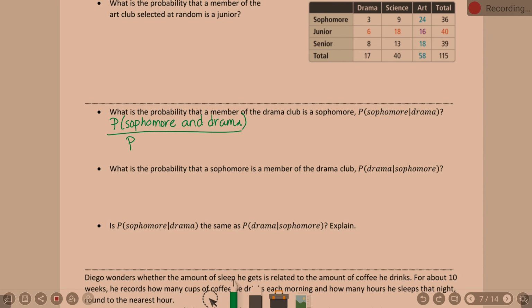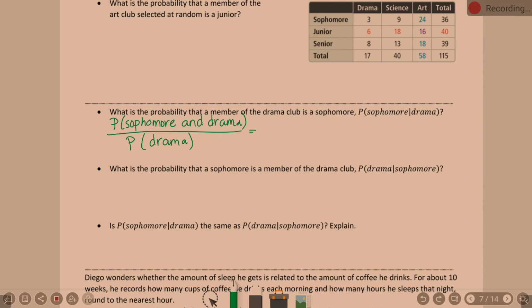Not sophomore, but drama club. So probability of both on top, probability of the second one on bottom. So probability they are a member of drama club on bottom. Now, I say probability because that's officially what we're supposed to be doing. You can shortcut the denominators out, okay?